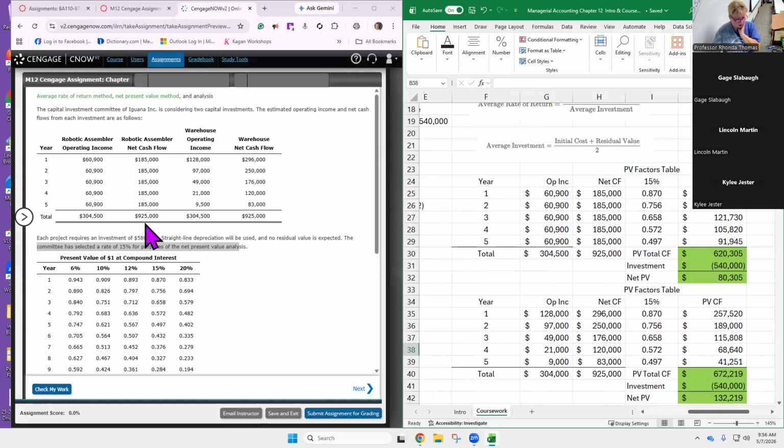And they're both 925,000 in total. But like I said, if you look at the difference, one is coming in evenly every year, and the other one is coming in descending order. So you're bringing in the most cash flow the first year of the warehouse and the least cash flow the last year.